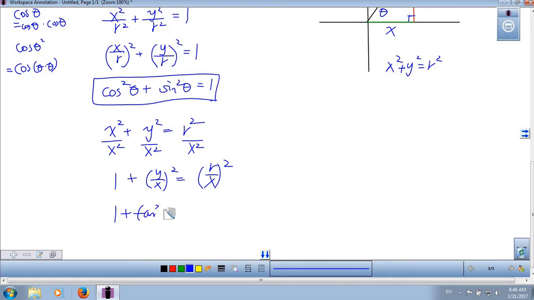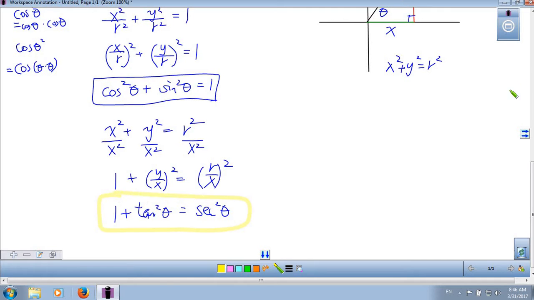So it's tangent squared theta equals r over x. What's r over x? It's secant. Secant squared theta. So this is another powerful identity that we are going to use a lot of times. This is 1 plus tangent squared theta equals secant squared theta.